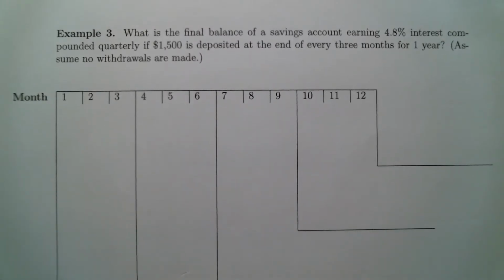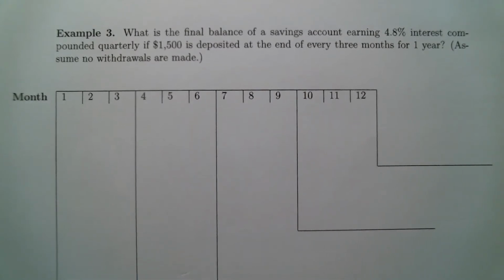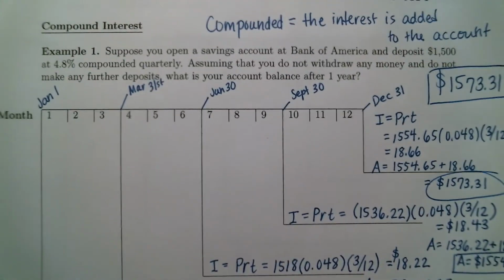If you read example 3, it says, what is the final balance of a savings account earning 4.8% interest compounded quarterly if $1,500 is deposited at the end of every 3 months for 1 year? And assume no withdrawals are made. If you see this piece of paper, it is the same setup as example 1.